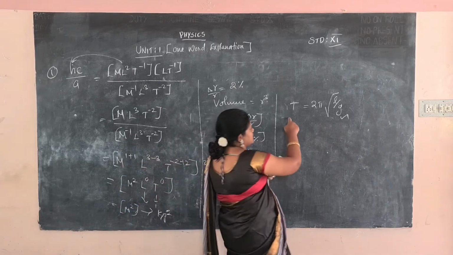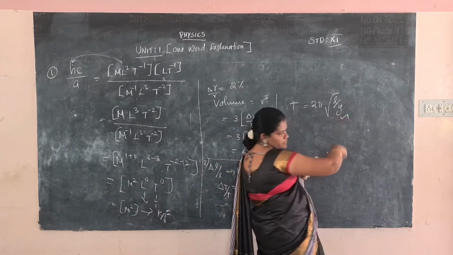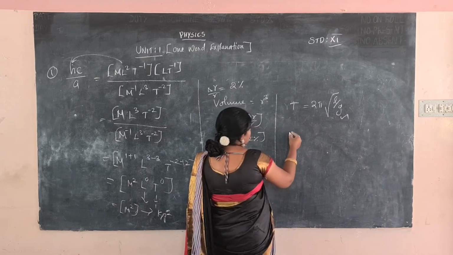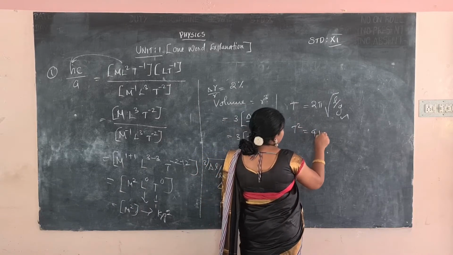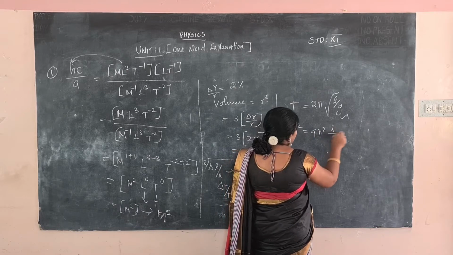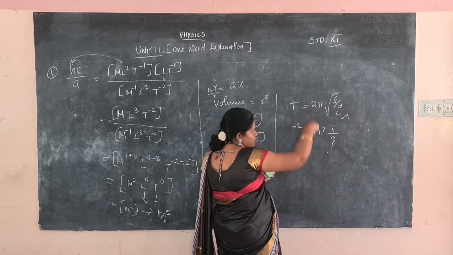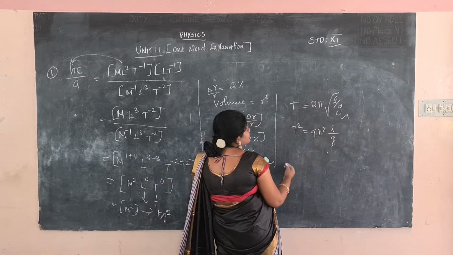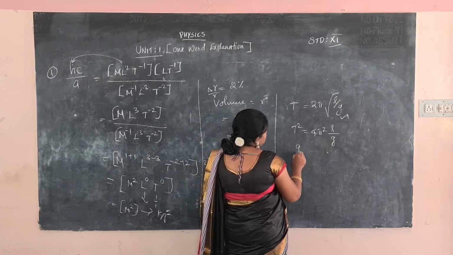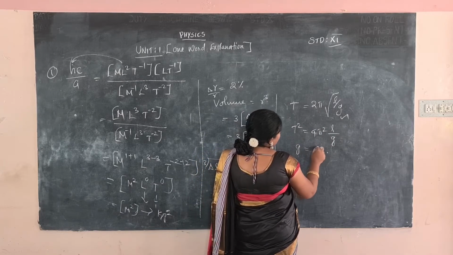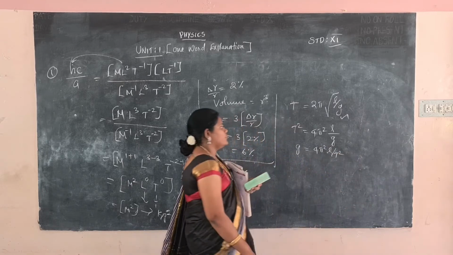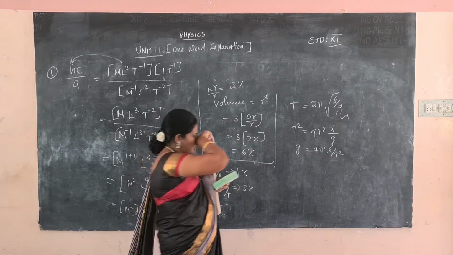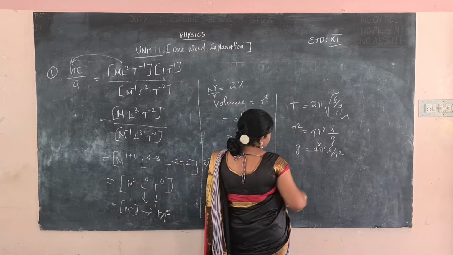So T is equal to 2 pi into root of L by G. We want G. Squaring on both sides, T square is equal to 4 pi square L by G. The square root is removed by squaring on both sides. So G is equal to 4 pi square L by T square. 4 pi square is a constant, so you have to ignore that.